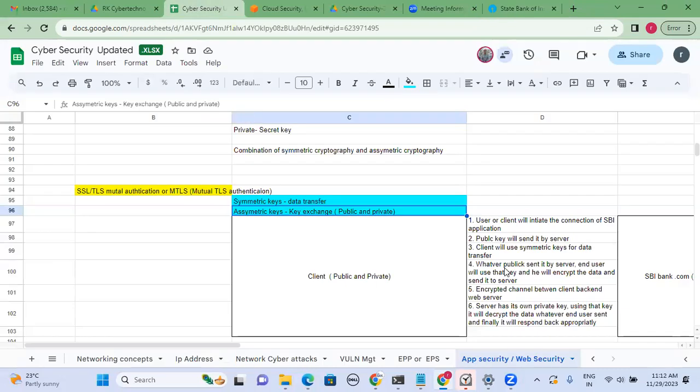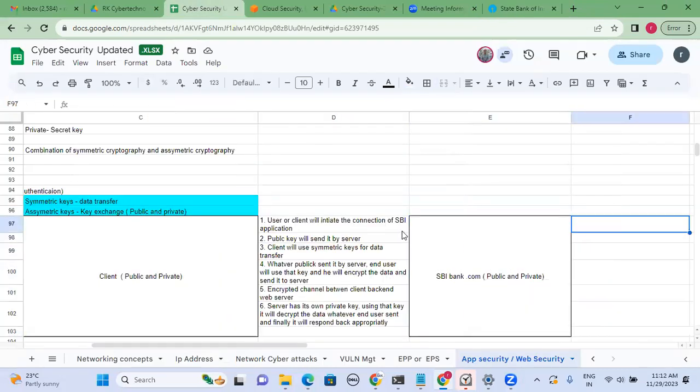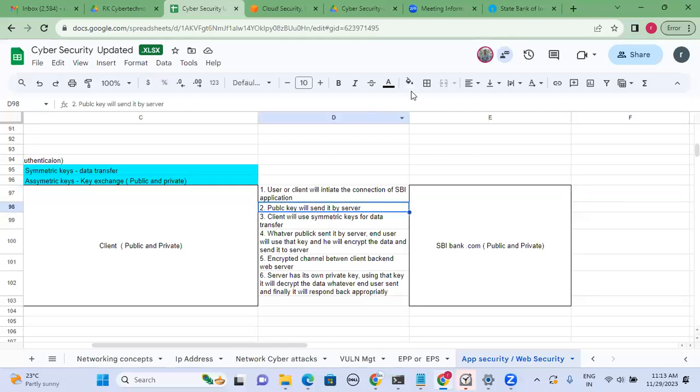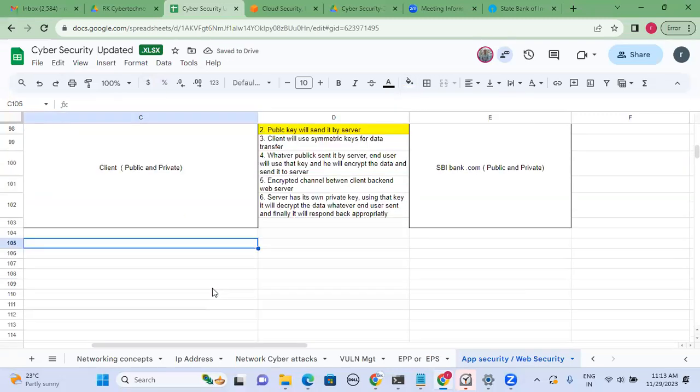Now, in this entire process, there is one drawback or some issue existing. What is the drawback or issue or disadvantage? Second one, some issue is existing. What is that? Note, I'm putting.